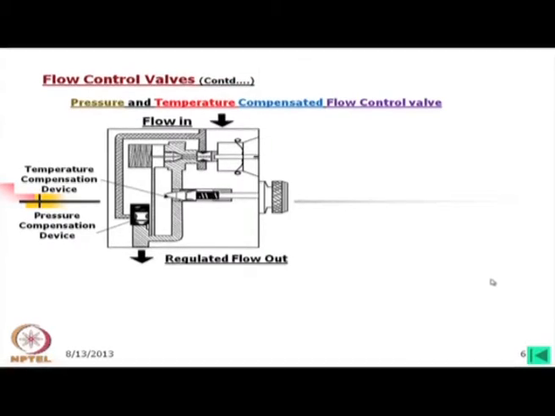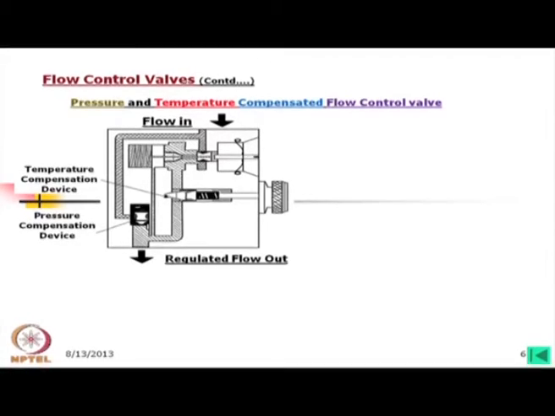However, this pressure compensation is not enough to keep the flow constant or at the desired flow, because due to the temperature variation there is also a change in the orifice area.